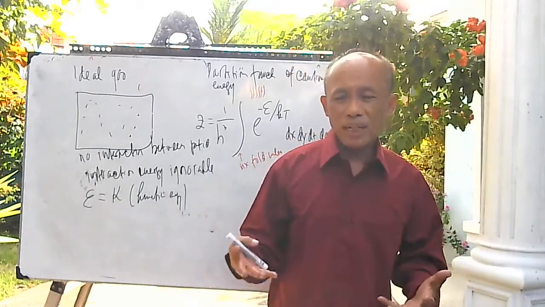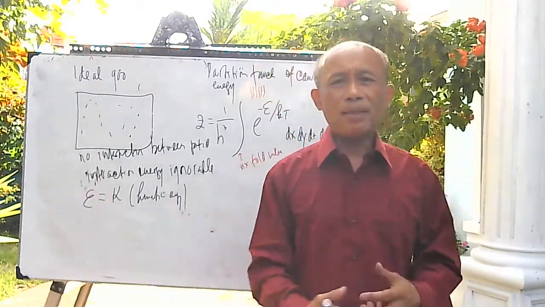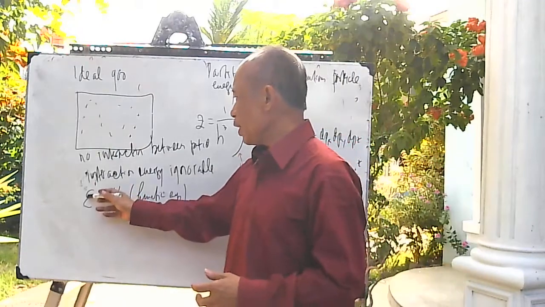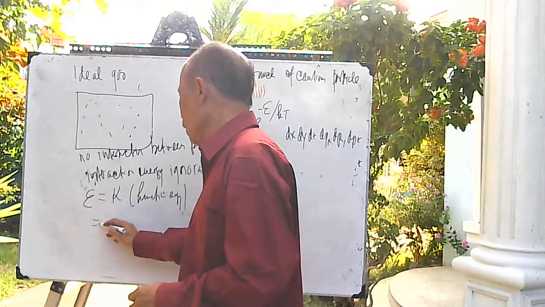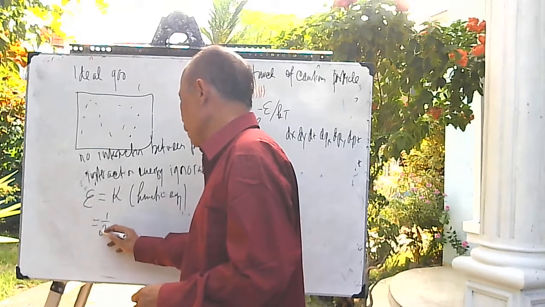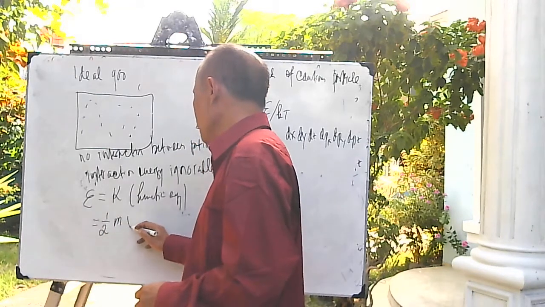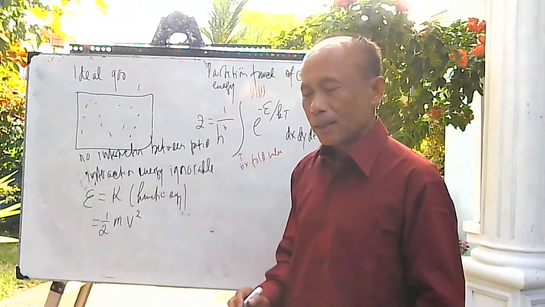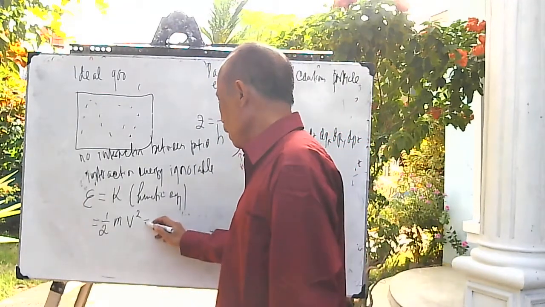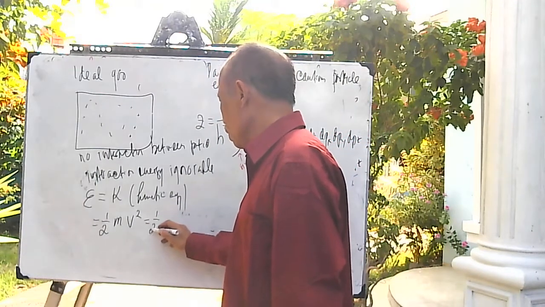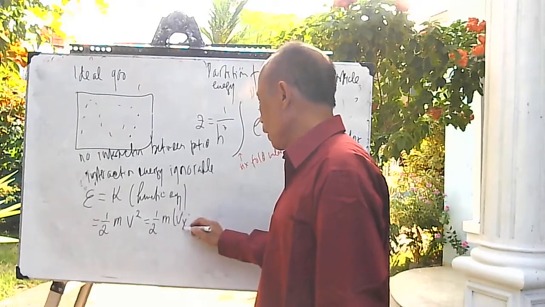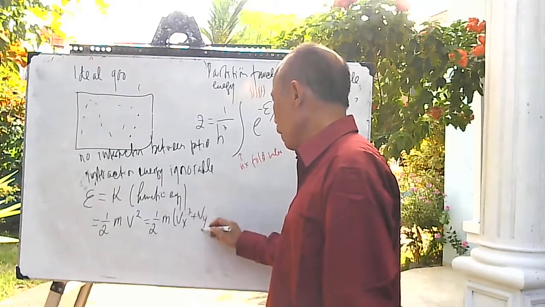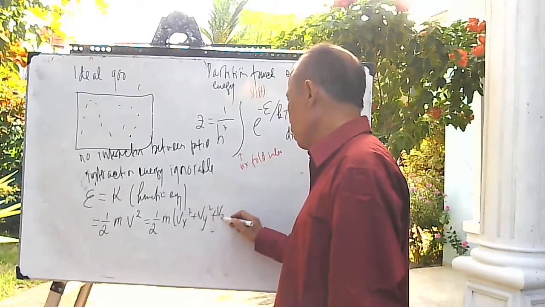The particle is free, no interaction with other particles. So the particle only has kinetic energy that depends on the square of the particle speed or velocity, and we can write this as half of m times vx squared, plus vy squared, plus vz squared.